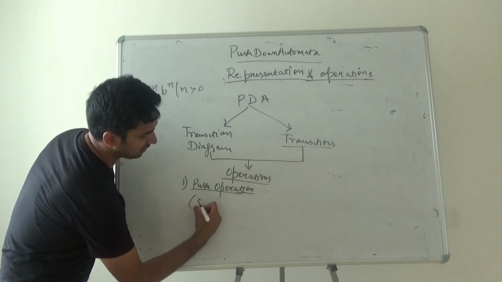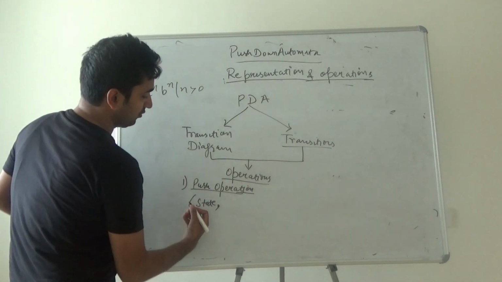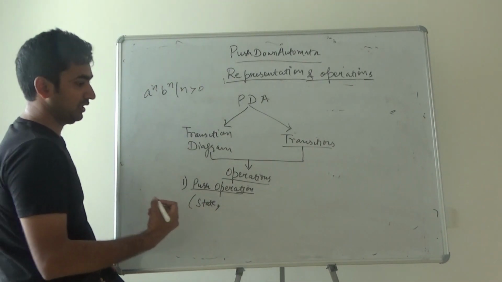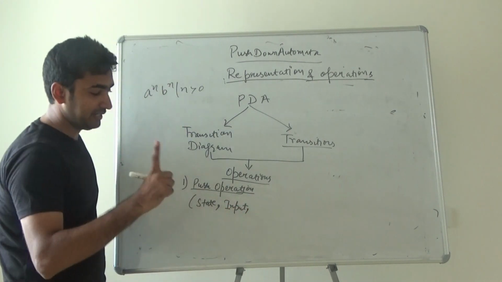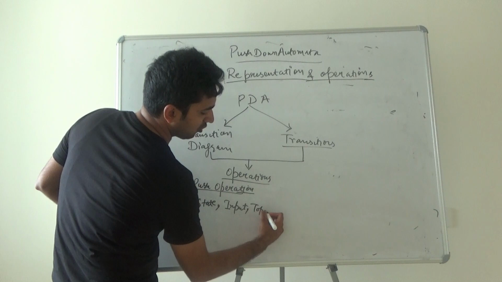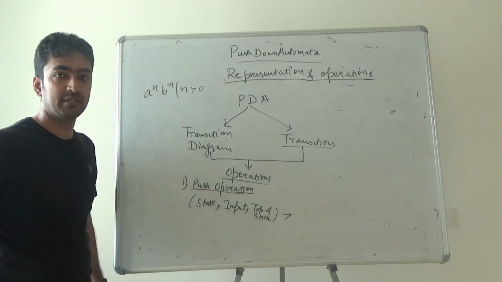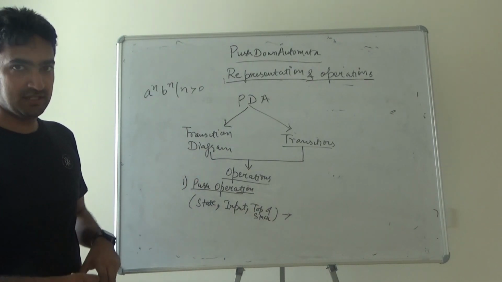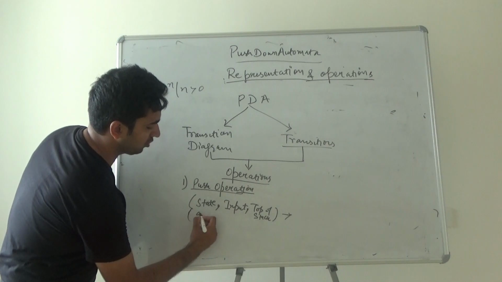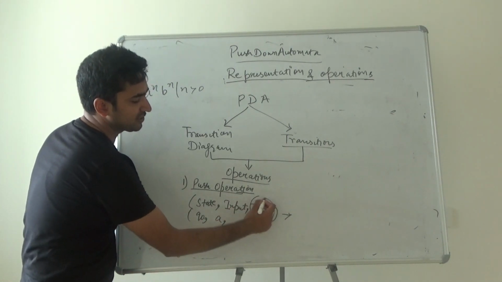So what is the push operation? You have a state given, you will be given a particular input, and then there is a top of stack. Obviously there is a top of stack. Let's say first our state is q0 and input a is given, and the top of stack.